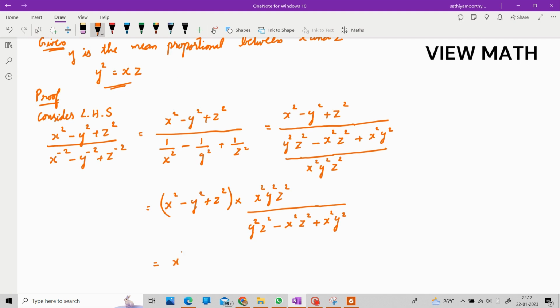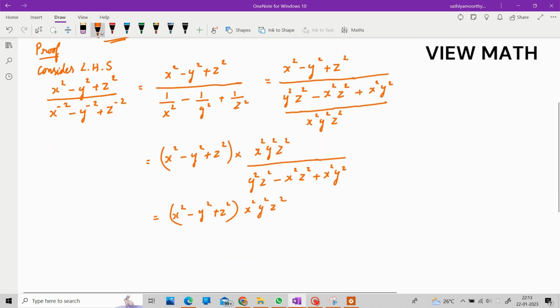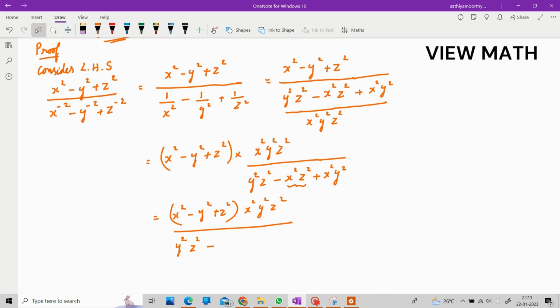So I can write x square minus y square plus z square into x square y square z square, denominator divided by y square z square minus x z, I can write it as y square, already one square is there, so it becomes y to the power 4 plus x square y square, since y square is equal to xz is given.